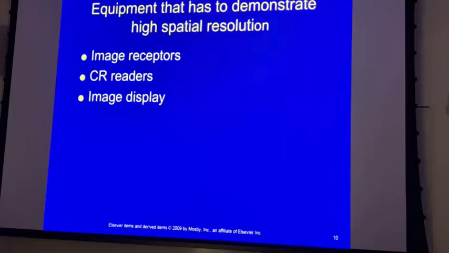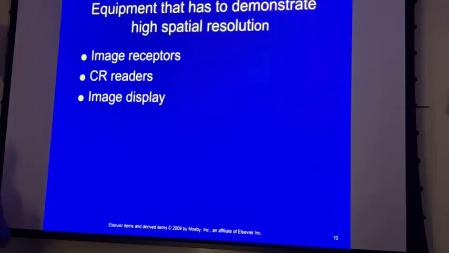So the different things that had to demonstrate spatial resolution were the image receptors. The CR readers also played a significant role in that. You remember we talked about the beam shaping optics, which had to keep the size of the laser beam consistent between both ends of the image receptor.